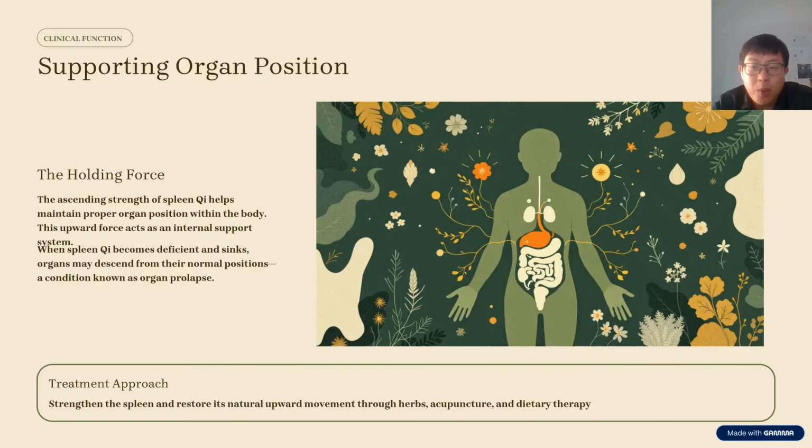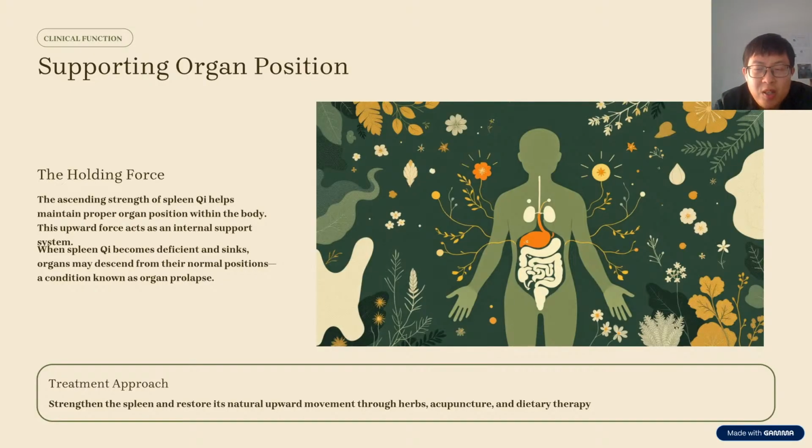So another important role of the spleen energy is maintaining the organs' position. Strong spleen energy keeps the internal organs in their proper position. So this can prevent organs from sinking downward.